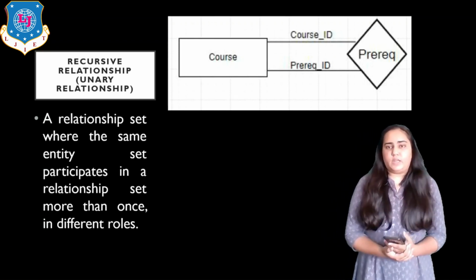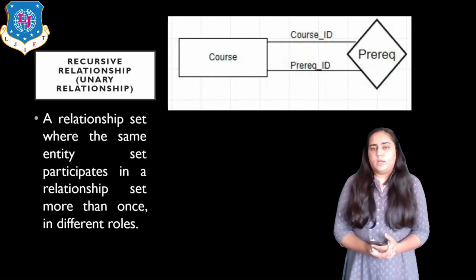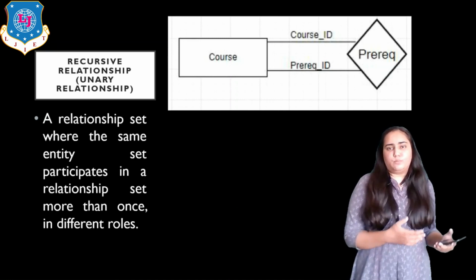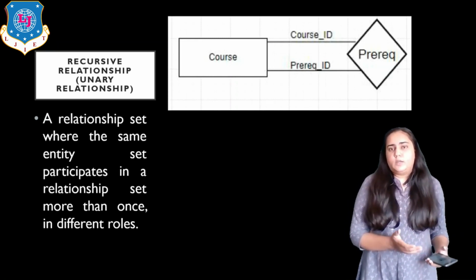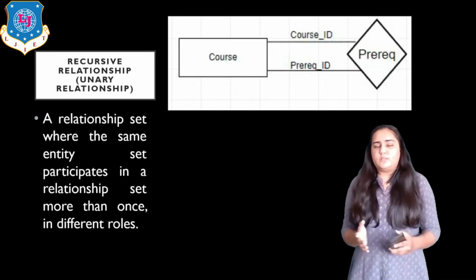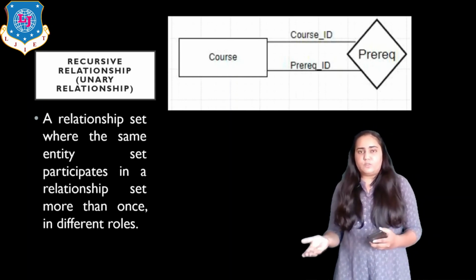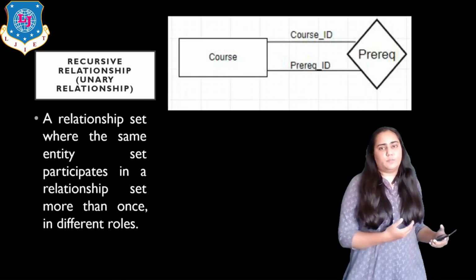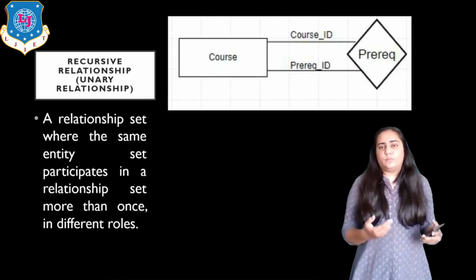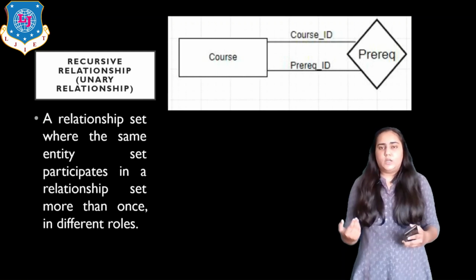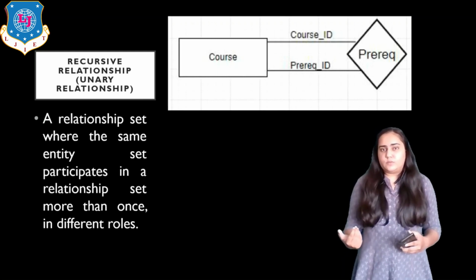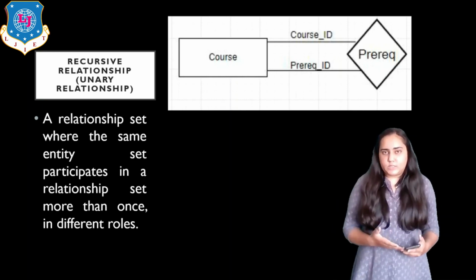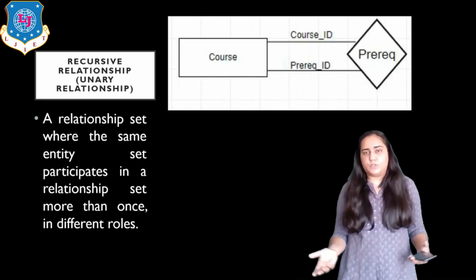For example, if I want to learn advanced algorithms, then I do need to know basic algorithms first. So this whole concept is where one course is related with another course. Advanced algorithms are related with basic algorithms. So basic algorithms are a prerequisite for advanced algorithms. And so although both belong to the same entity, it is forming a relationship.